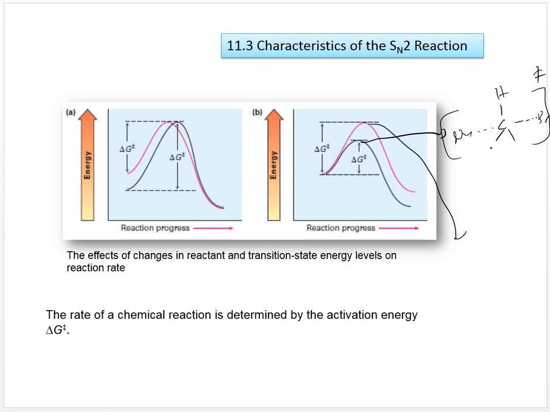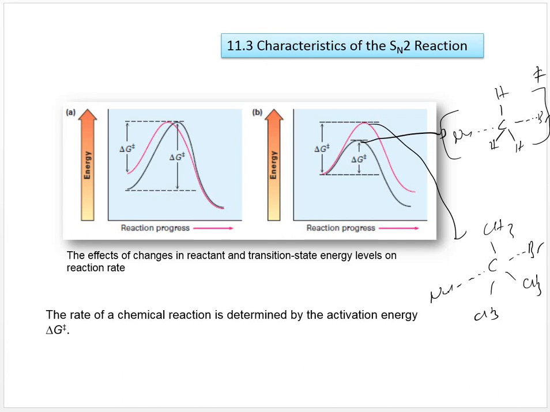Let's say these are all hydrogens for the methyl halide, but if you have a tertiary halide, let's draw a tertiary halide SN2 reaction as a transition state. The nucleophile will not be able to easily approach this electrophilic carbon, because these methyl groups will repel or shield the carbon.